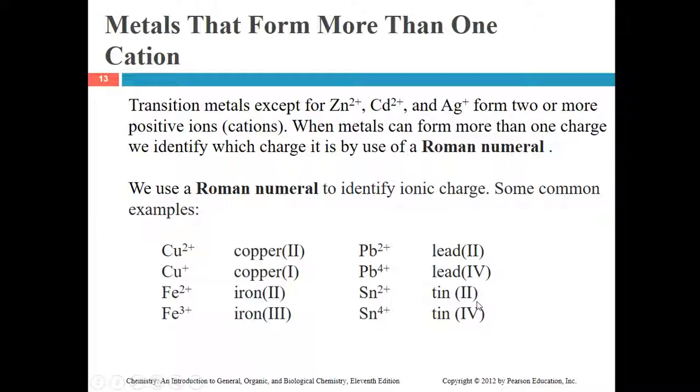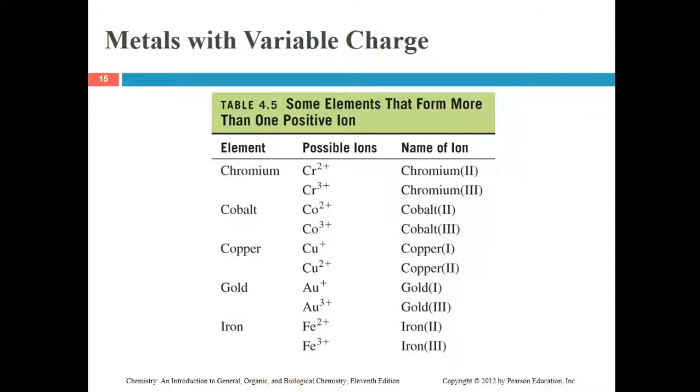Let's remember that we are going to use a Roman numeral when we're writing it out if it's going to be a metal that can have more than one charge. And here are the examples, and hopefully you remember your Roman numerals. Here are some other examples.